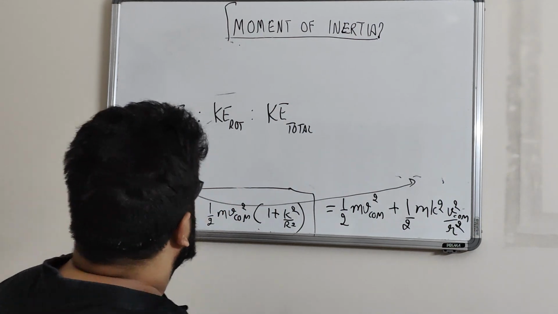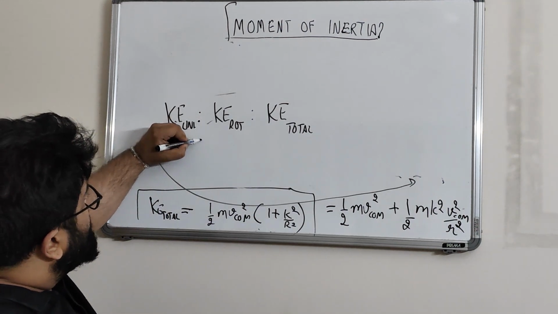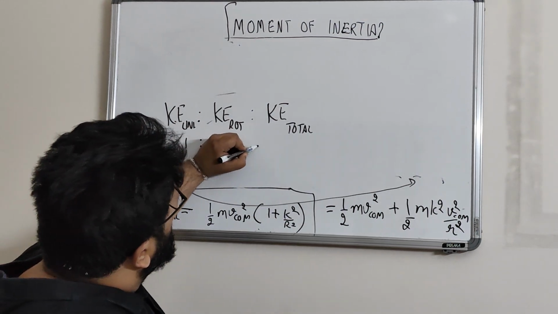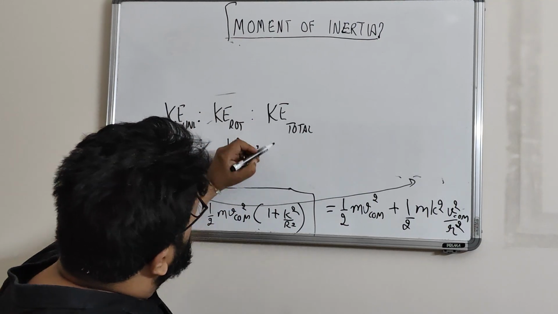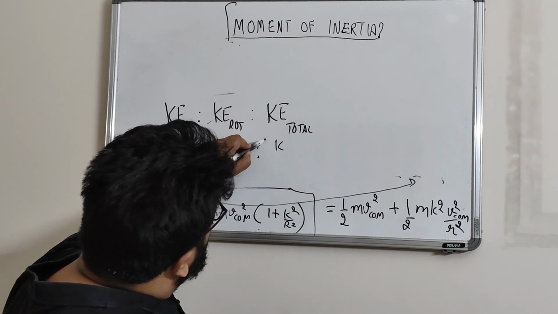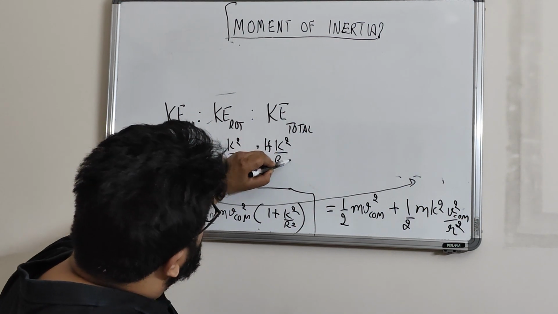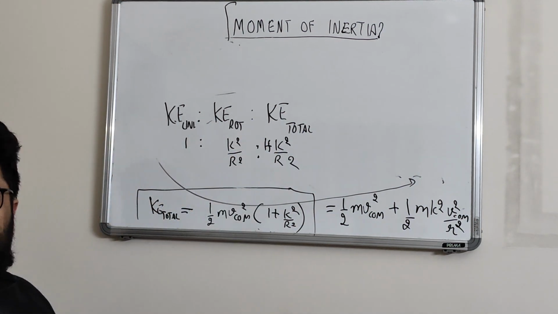So what would that be? For linear we have 1, for rotational we have k square by r square, and for total, that is the rolling, we have 1:1 plus k square by r square.